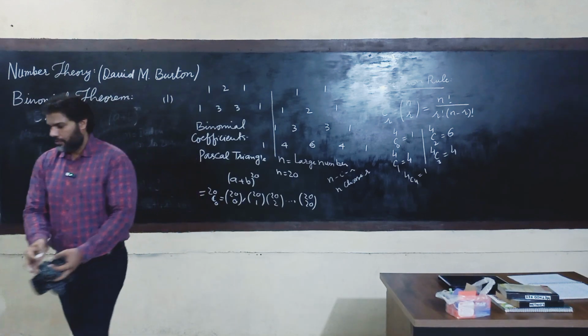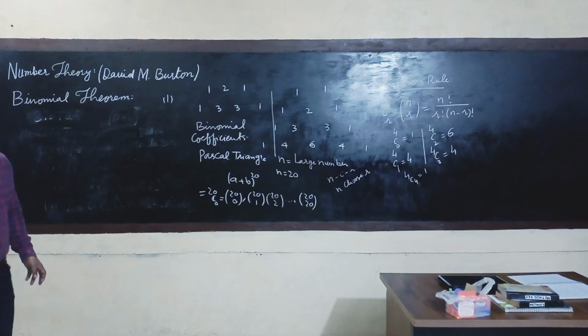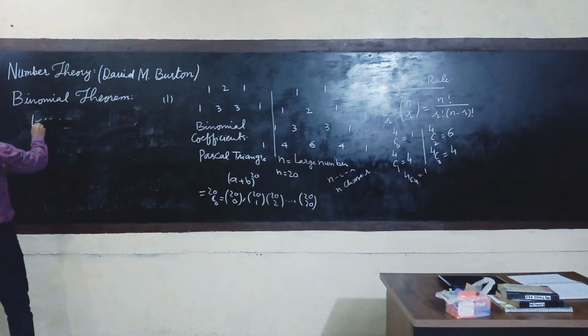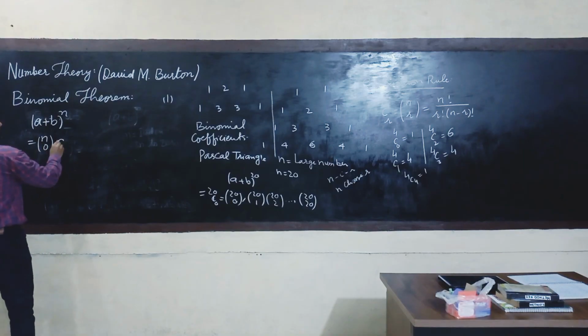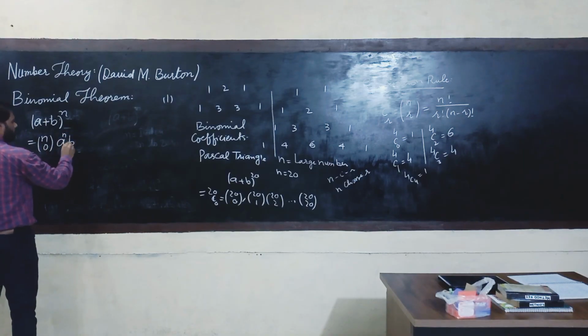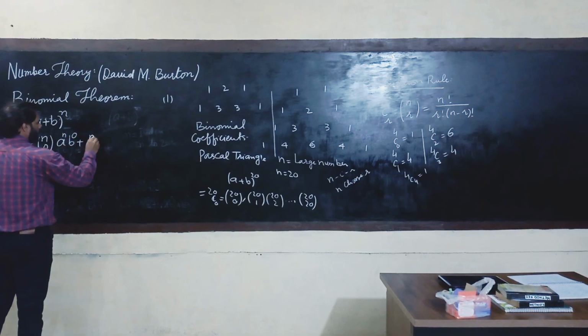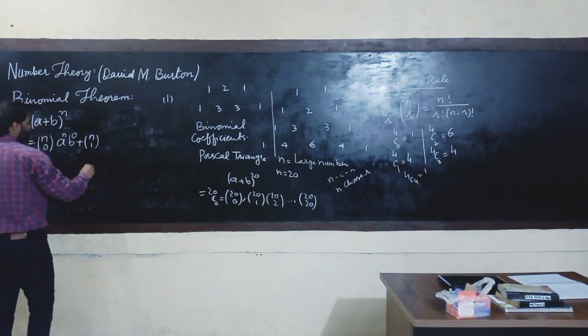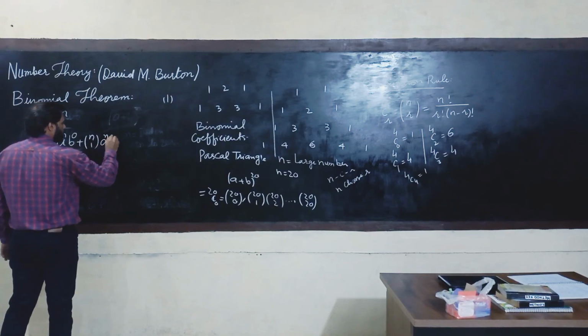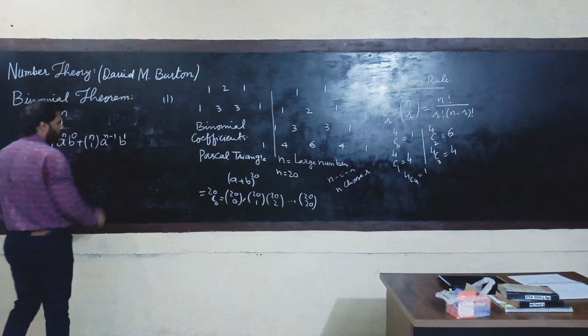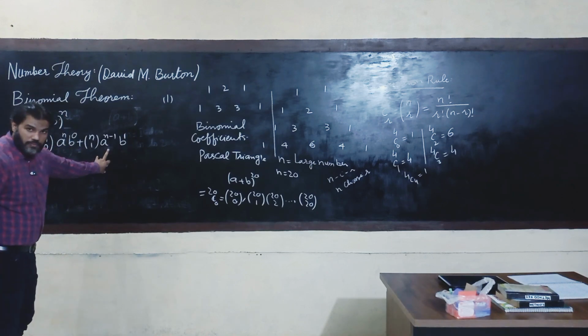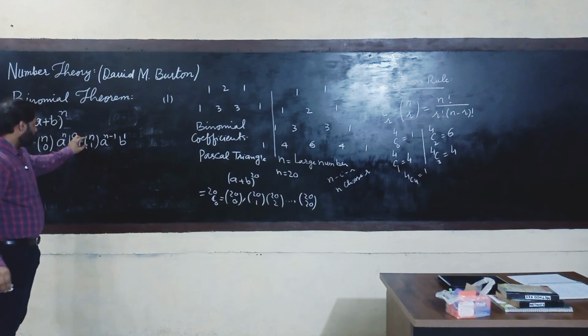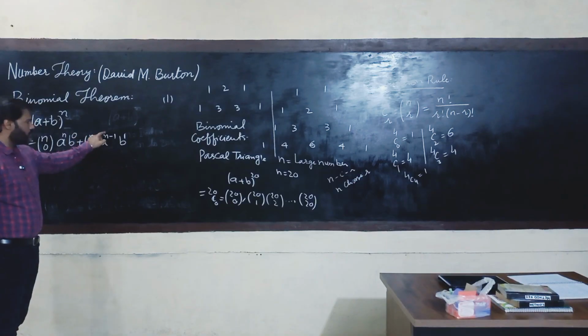The general formula of (a + b) to the power n is simply given by n choose 0, a raised to power n, b raised to power 0, n choose 1, a raised to power n minus 1, b raised to power 1. The exponent of the first term, that is a, is always the difference of n and 1, that is n minus 1.